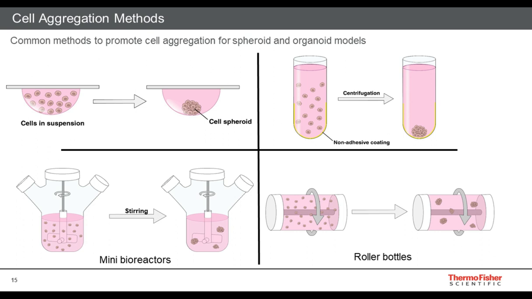Other types of formats that are used to make or to aggregate cells, either cell lines or pluripotent stem cells, or also for long-term culture of them, are things like mini bioreactors or spinner flasks. These are things that you may not have as a standard cell culture vessel in your cell culture hood.